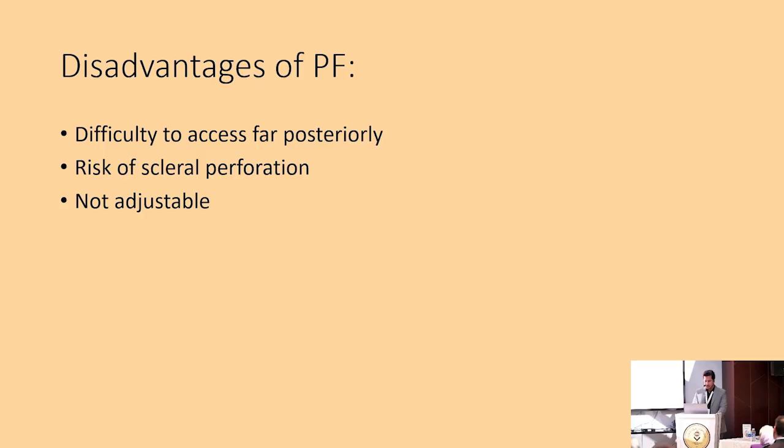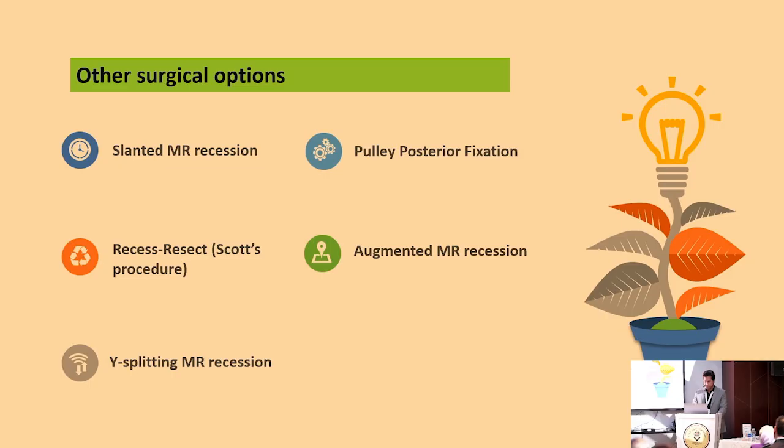The disadvantage of the posterior fixation suture is the difficulty to access far posteriorly and fixating the muscle to the sclera. So there is a risk of scleral perforation, and this technique is not adjustable, really. Quickly, other techniques that can be beneficial here, I will mention some of them. Slanted medial rectus recession can be useful also.